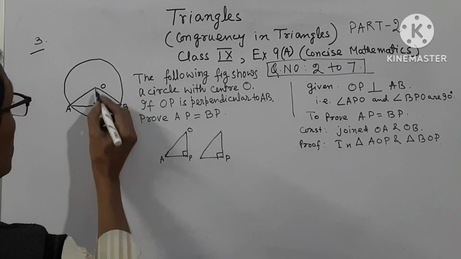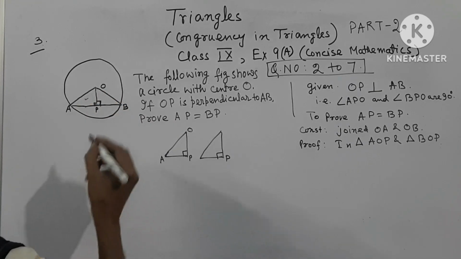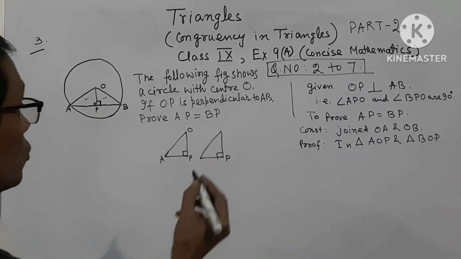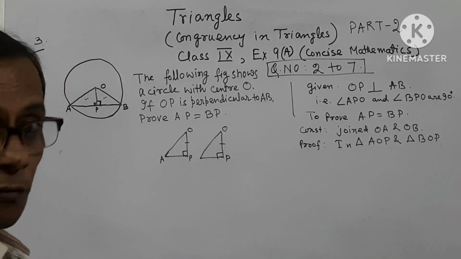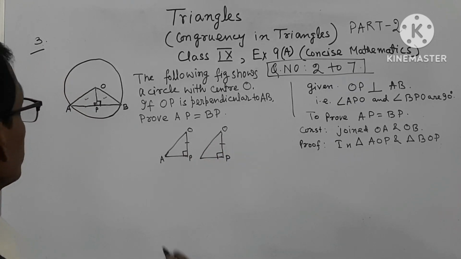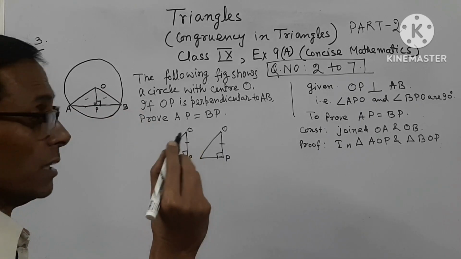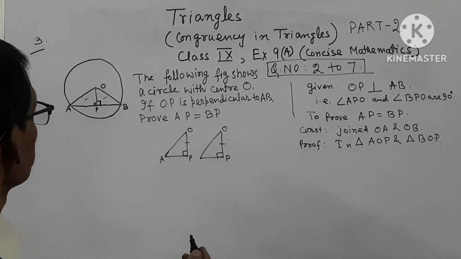And OP, see, OP is common. OP is in this triangle also, OP is in the other triangle also. So OP will be equal to OP, it is obvious. And OA and OB are equal. In the last sum we have discussed that they are radii of the same circle.